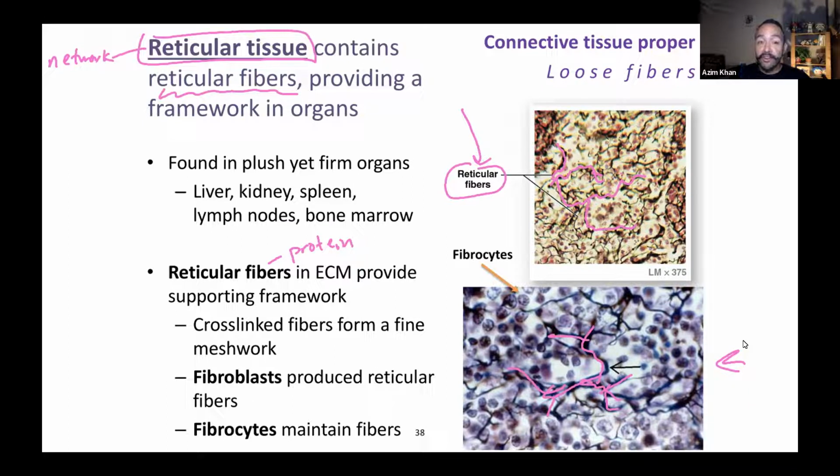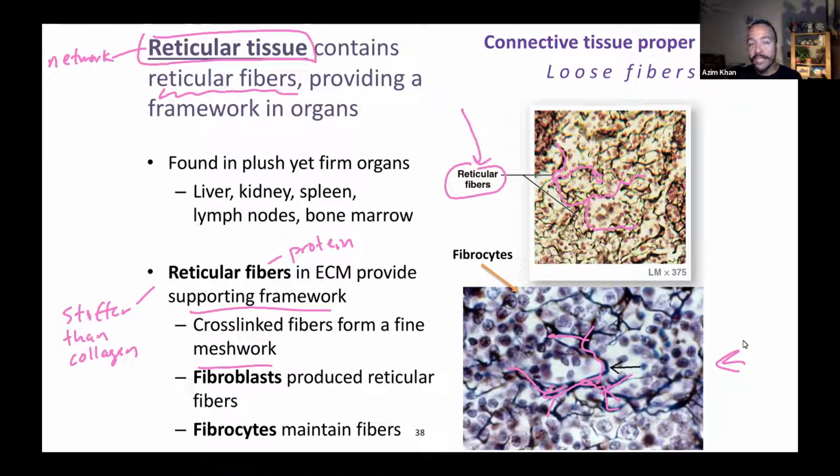They are stiffer than collagen and therefore more supportive. They provide a supporting framework. Reticular fibers are not for flexibility. Reticular fibers are for providing support, providing meshwork to hold things in place. Reticular tissue helps hold things in place.